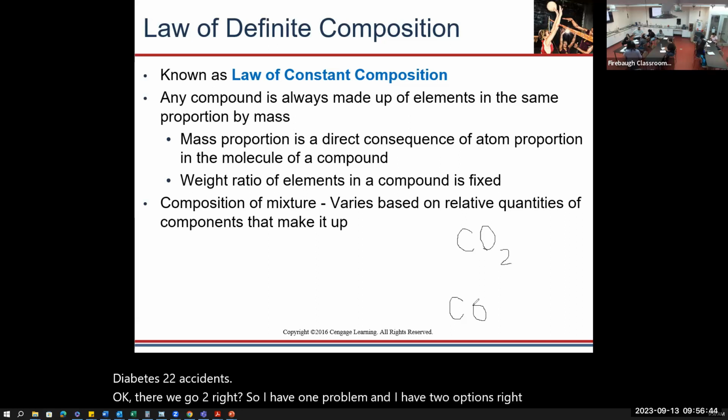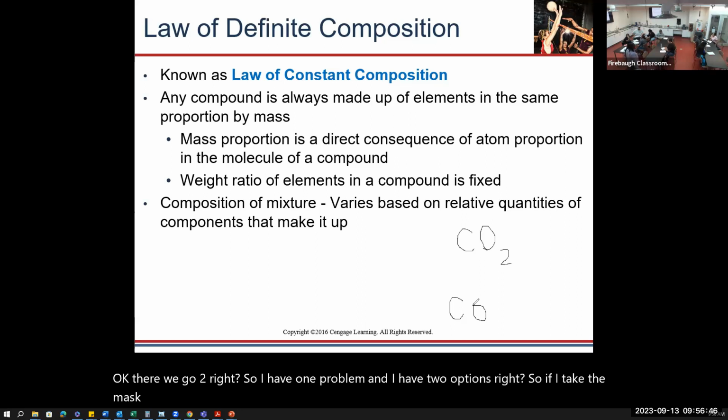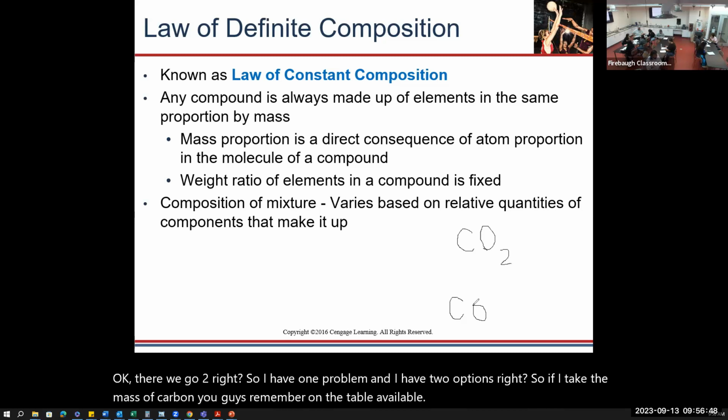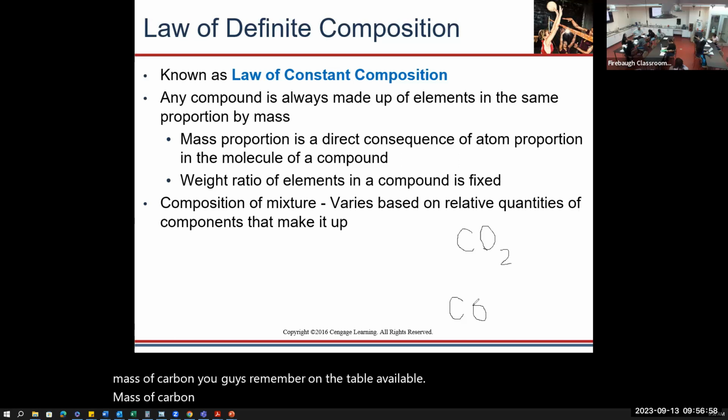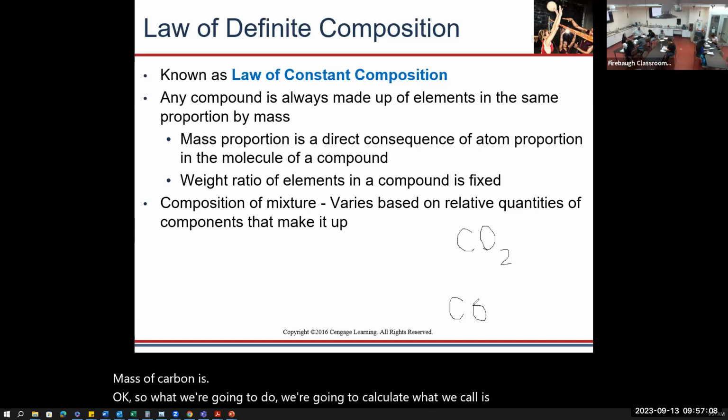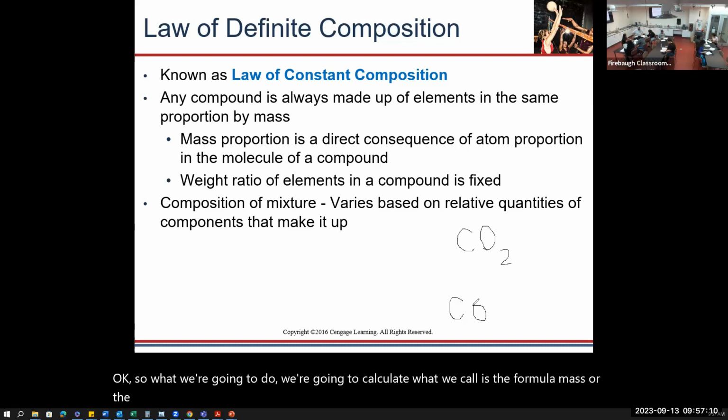So if I take the mass of carbon, you guys have your periodic table available. The mass of carbon is... Okay, so what we're going to do is calculate what we call the formula mass or the molecular mass.